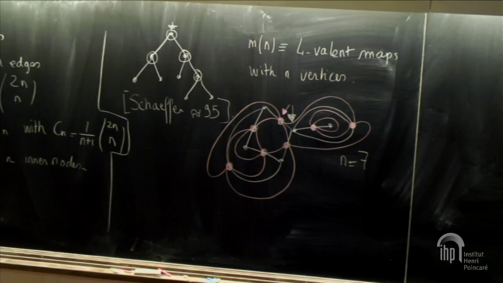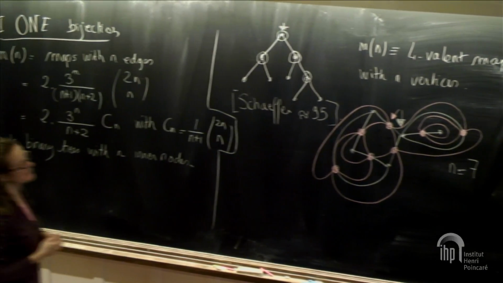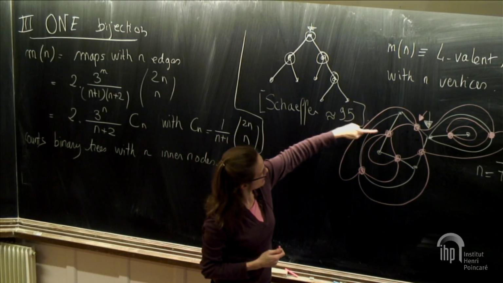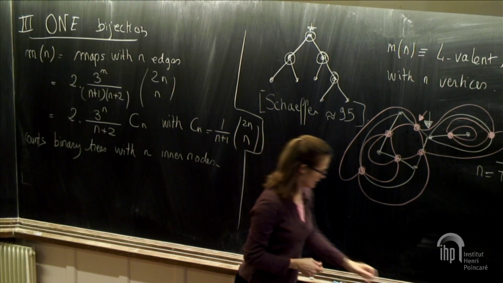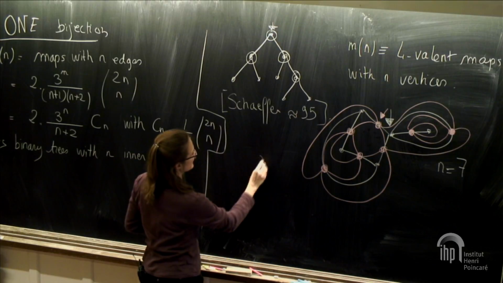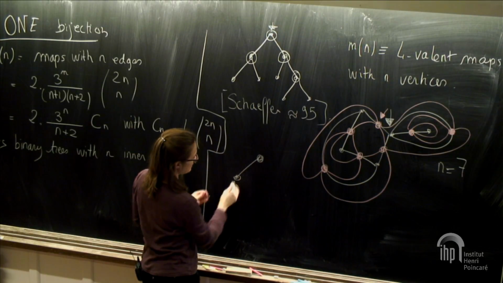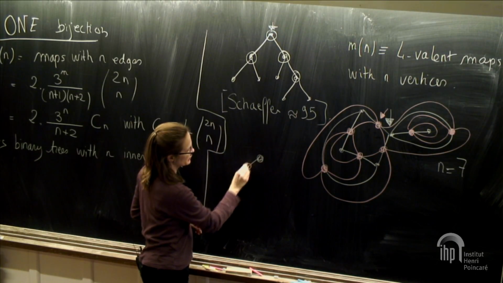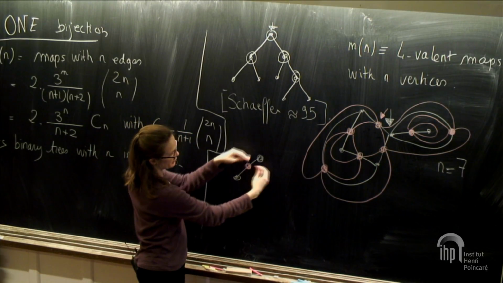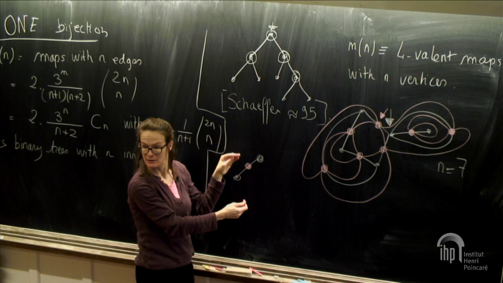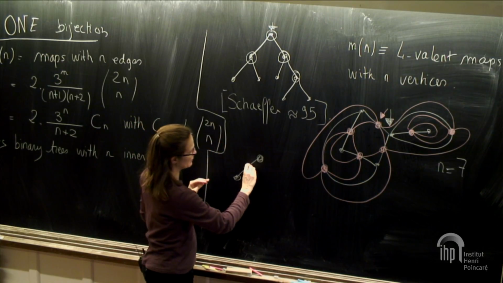So 4-valent here means that every vertex has degree 4. And the reason for that: you have one edge in the original map, the corresponding vertex of what I claim to be a 4-valent map, and you have one face on each side. It could be the same face.